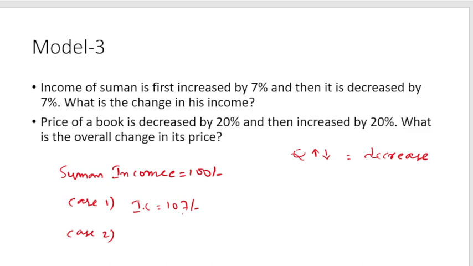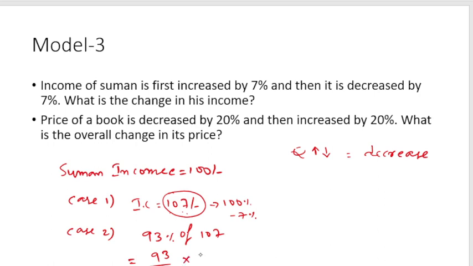Here this 107 is decreased by 7 percentage, meaning this 107 rupees has to be considered as 100 percentage. Based on this we are decreasing by 7 percentage, so it will become 93 percentage of 107, that is equal to 93 by 100 into 107.